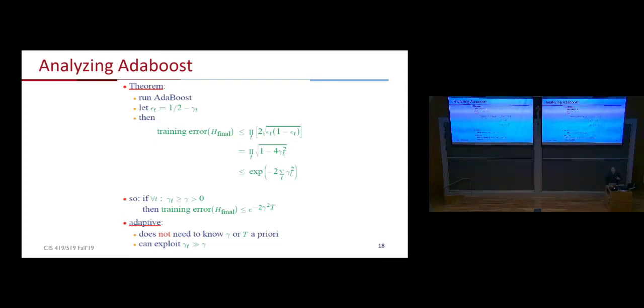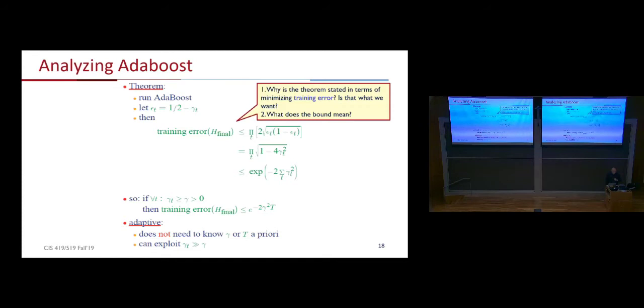If you give it weak hypotheses, you can get the training error of the final hypothesis to be as small as you want. Now, of course, you have to ask yourself, why do we state the theorem in terms of minimizing training error? That's not what we want, right?